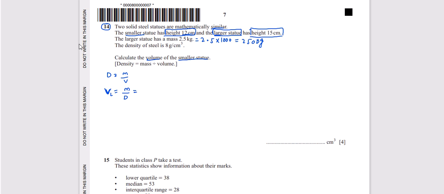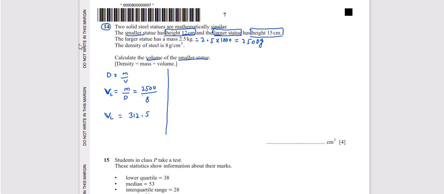The given mass is 2500 divided by density, density is equal to 8. So the volume of the large statue is equal to 312.5.